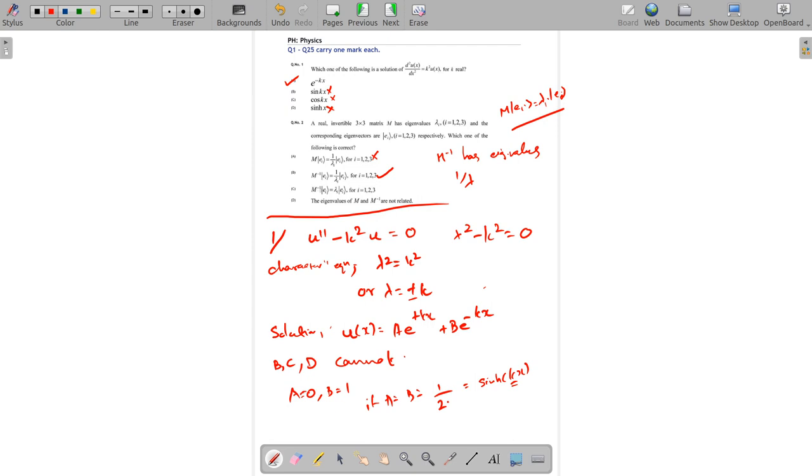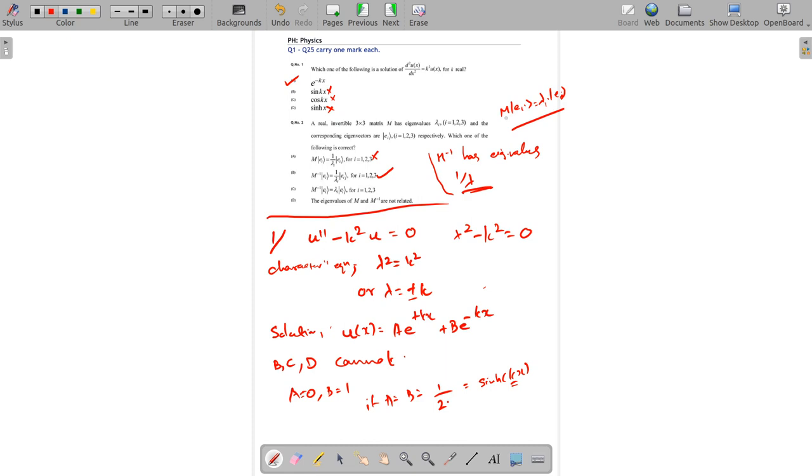Option C, M inverse will give you the same eigenvalue, which is not true. Actually option B is true. If M has eigenvalues lambda i's, M inverse has eigenvalues 1 by lambda i. This is a result from linear algebra: if M is invertible and has eigenvalues lambda i's, then M inverse will have eigenvalues 1 by lambda.